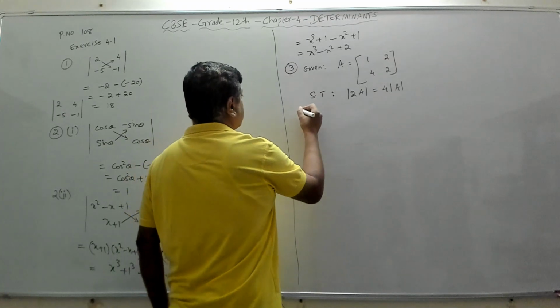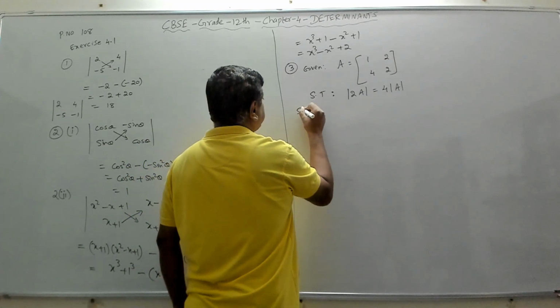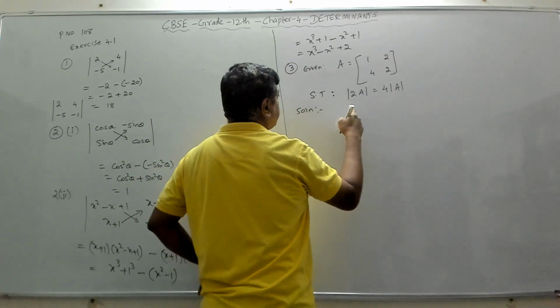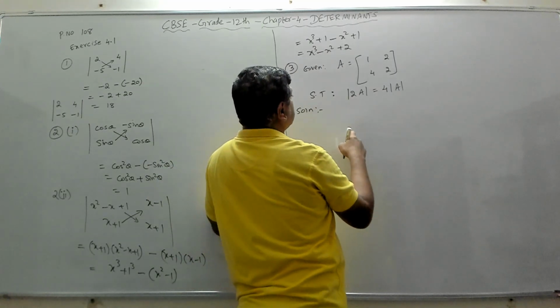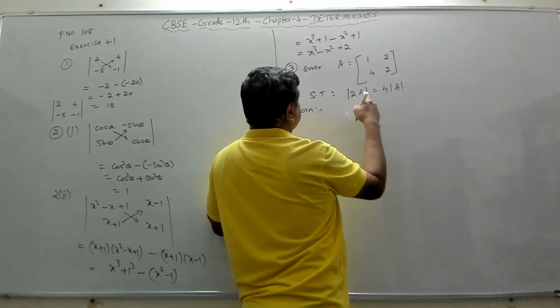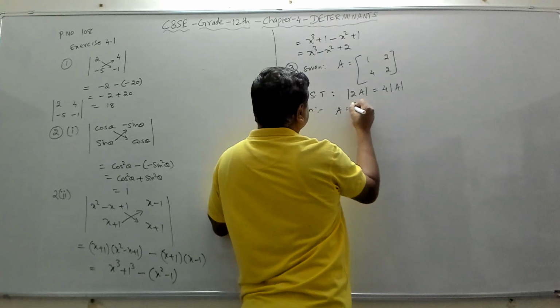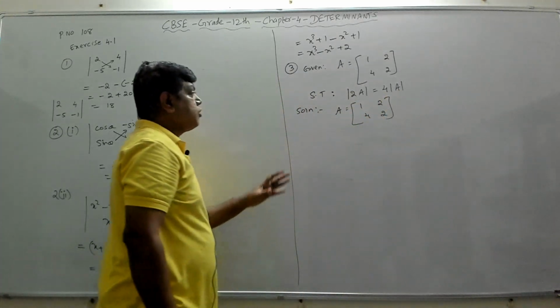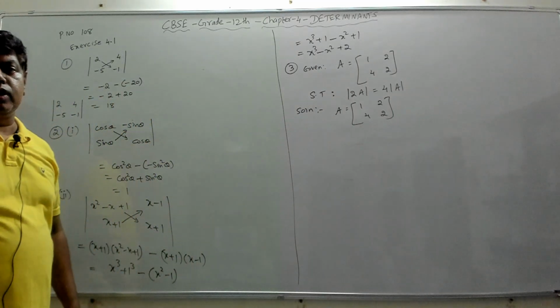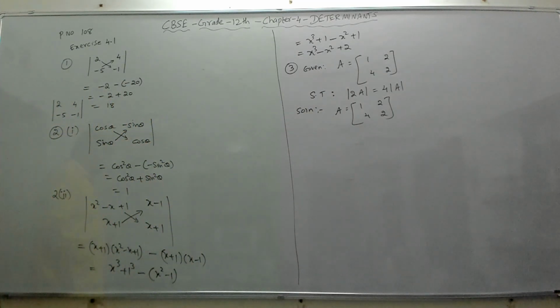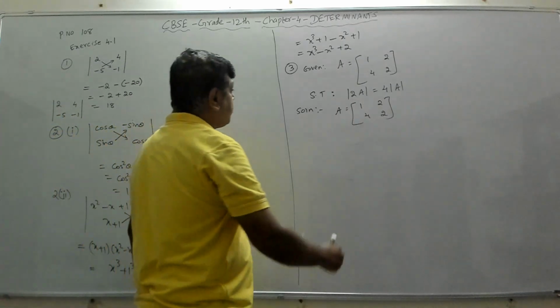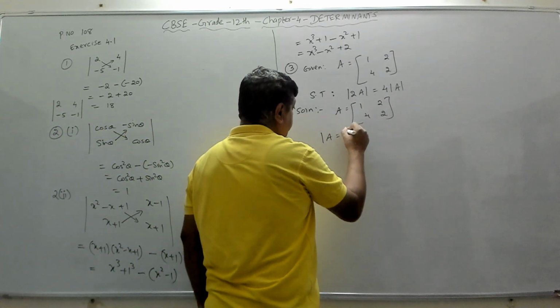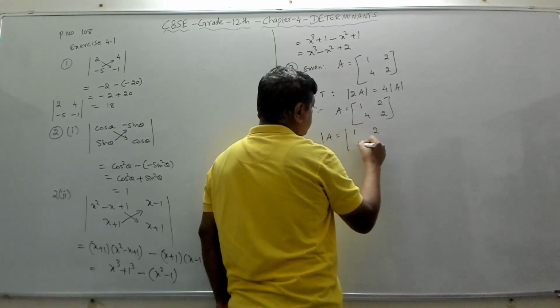So proof or solution, right? Now let's try to find the determinant of A first. So what is A? A is 1, 2, 4, 2. That is your matrix A. Now we should find the determinant of A, so I have to find the determinant of this 1, 2, 4, 2.